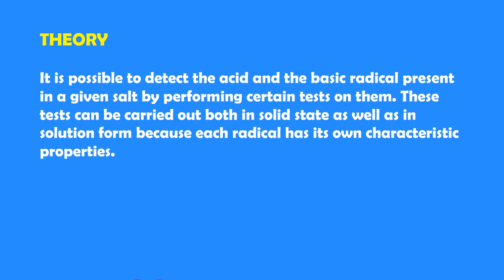It is possible to detect the acid and the basic radical present in a given salt by performing certain tests on them. These tests can be carried out both in solid state as well as in solution form because each radical has its own characteristic properties.